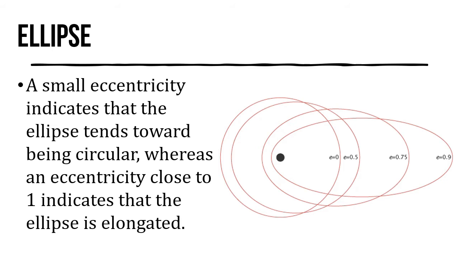A small eccentricity indicates that the ellipse tends toward being circular, whereas an eccentricity close to 1 indicates that the ellipse is elongated. So take a good look at our figure here.